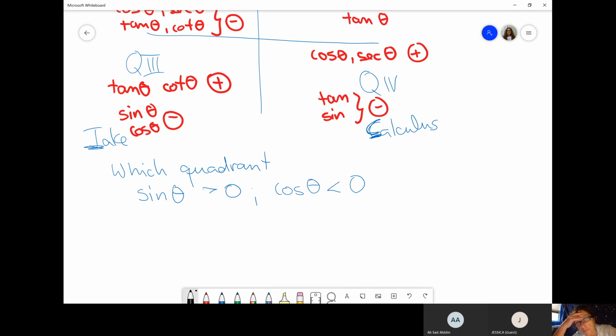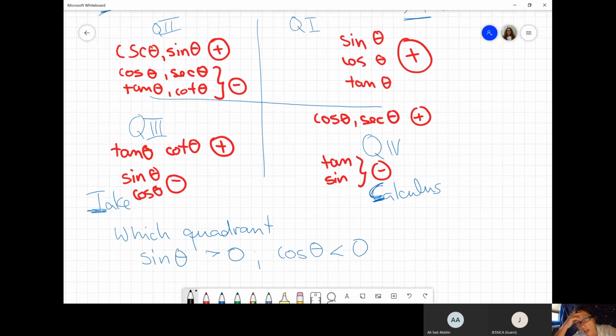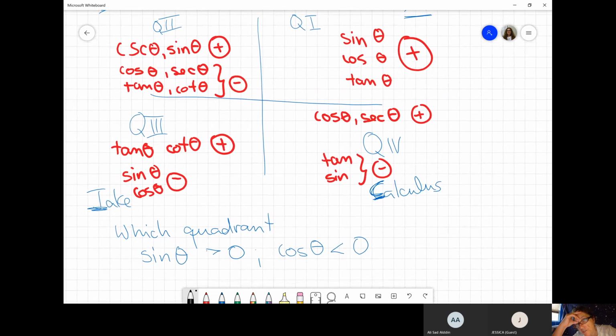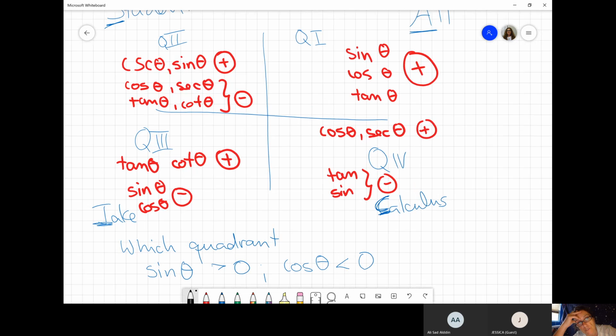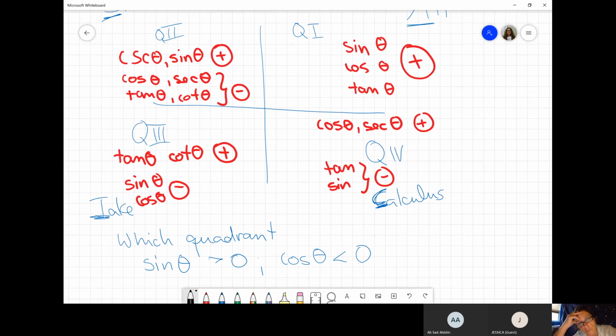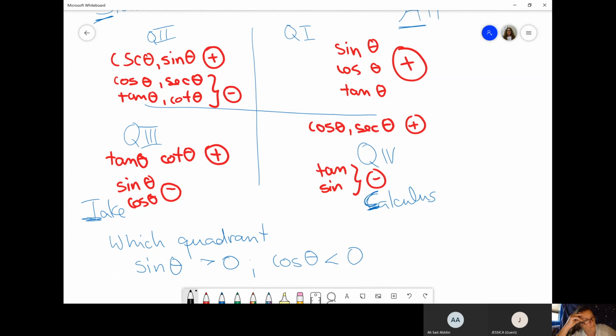The sine is greater than 0, meaning it's positive, and the cosine is negative. Which quadrant do I find myself in? Well, take a look. In quadrant 1, all of them are positive. Can't be it. In quadrant 2, the sine is positive. Oh, okay, I'm getting warm. And the cosine is negative. Here you go. We are in Q2.